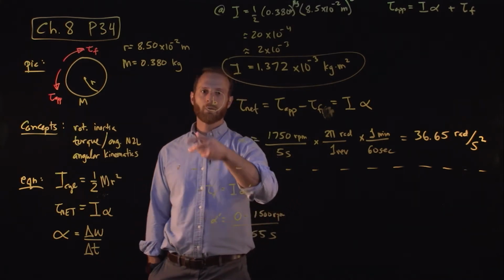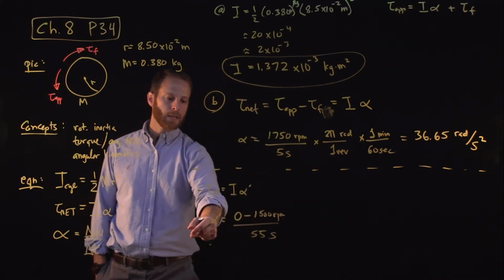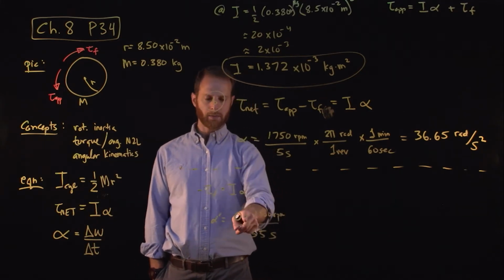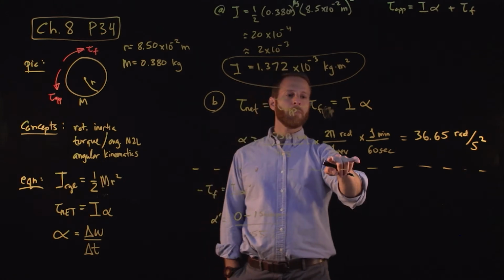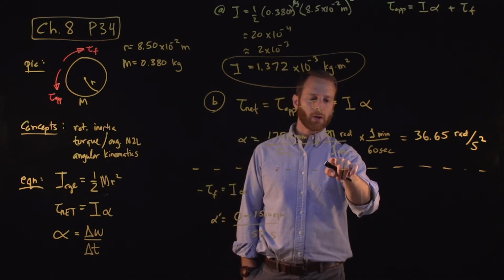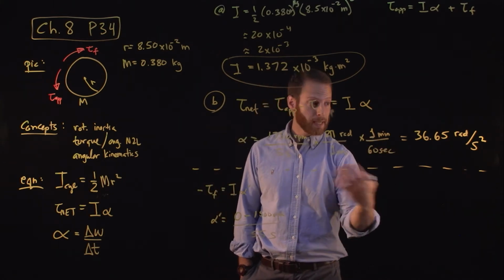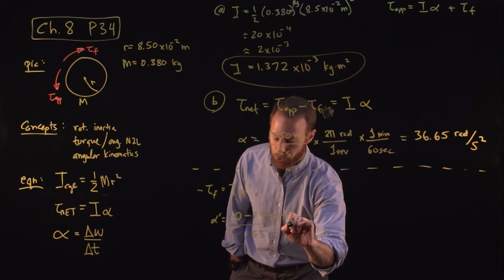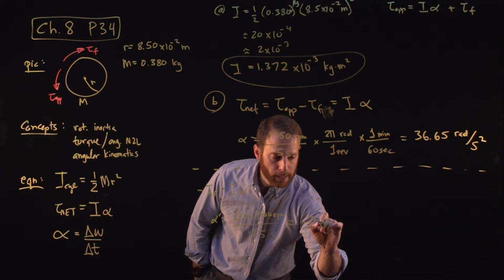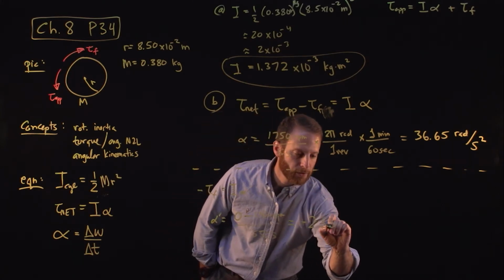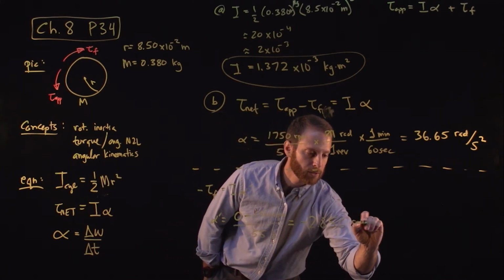If the thing was just rotating by its own and slowing down, the angular acceleration should in fact be negative. So this minus sign will hopefully make sense. We're going to do the same thing, multiply by 2 pi over 1 and multiply by 1 over 60 to get it into radians per second. This should turn out to be minus 2.856 radians per second squared.